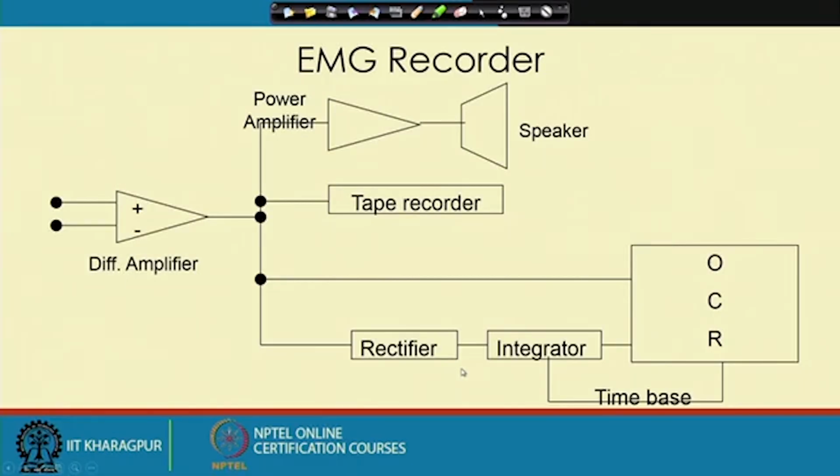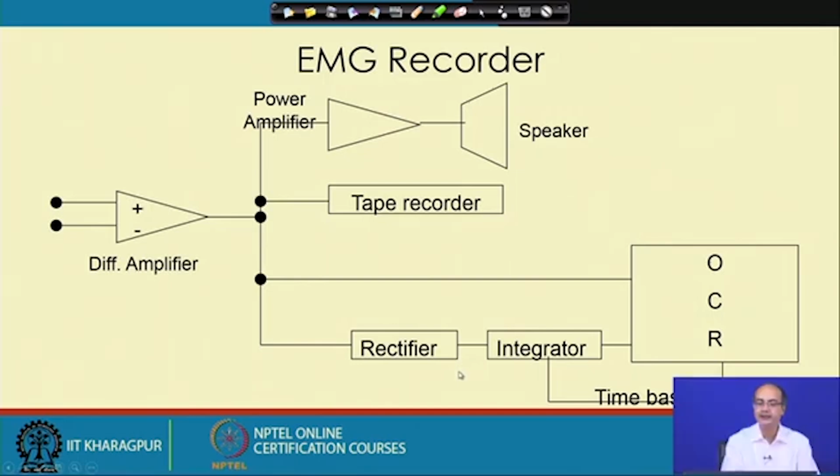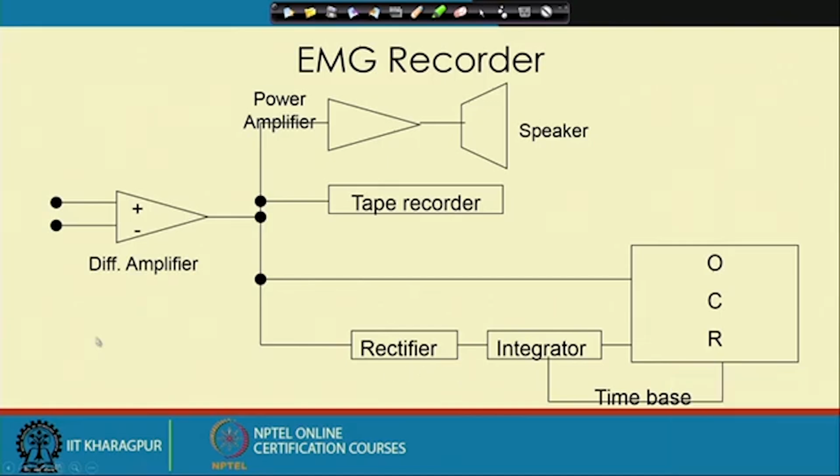Next, we look at how we can perceive or quantify this kind of signal. The signal here is fed to a differential amplifier to enhance the level of the signal, so that it can drive other electrical equipment, and after using the power amplifier, the signal can be boosted and can drive a speaker.